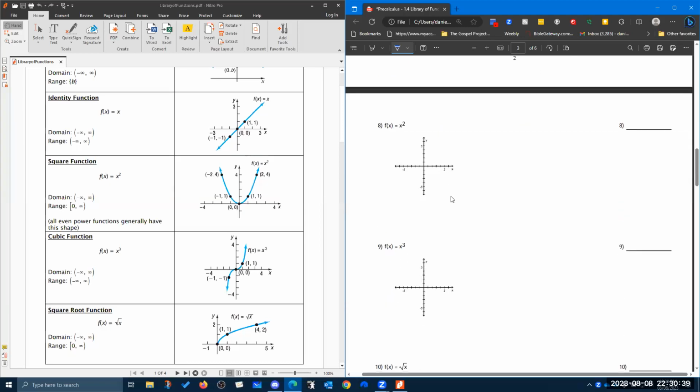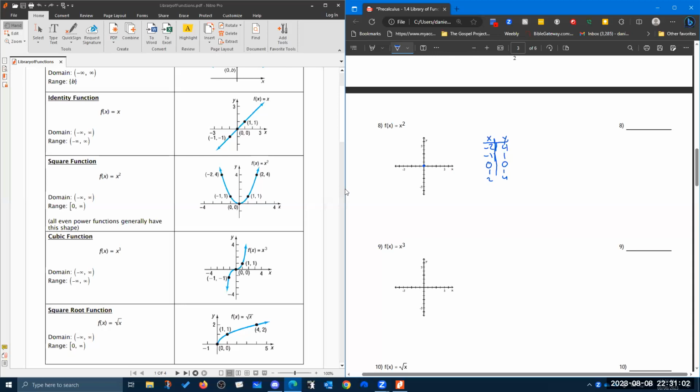Let's try y equals x squared. X, y. Characteristic points for the squaring function. We see them right here. 0, 0, 1, 1, 2, 4, -1, 1, and -2, 4.